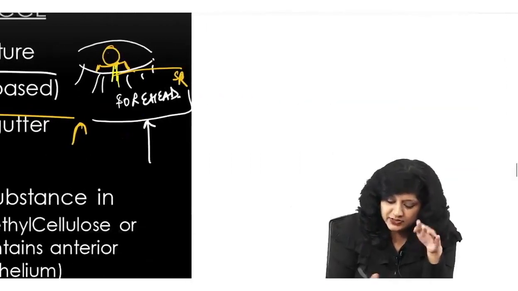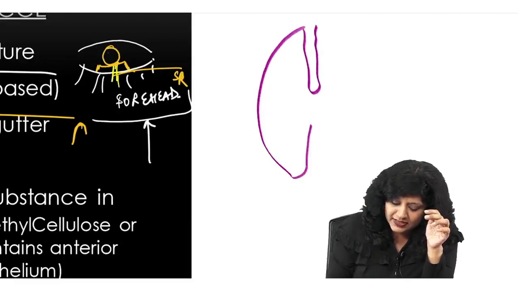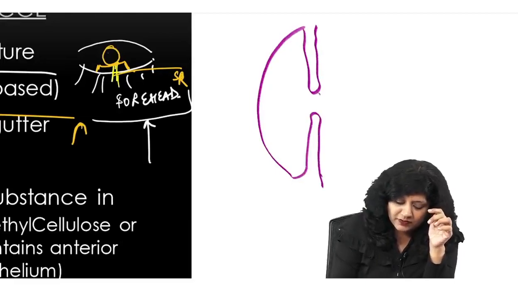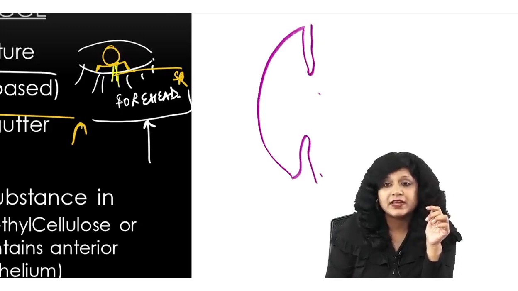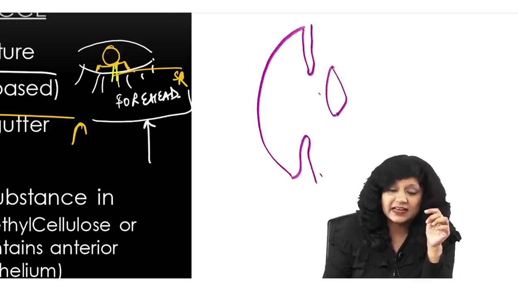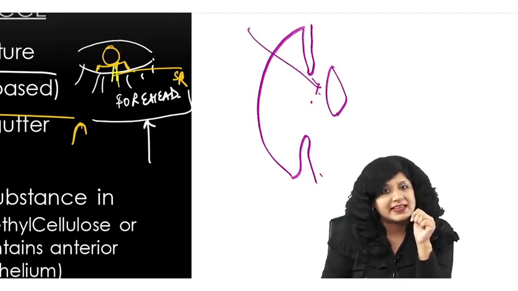If you look at the section, suppose this is your cornea here, and this is your iris. Now we have already dilated, so let me draw the dilated ones. Like this. So here you have the lens. Basically I have to reach up till here, I have to make the AC entry.